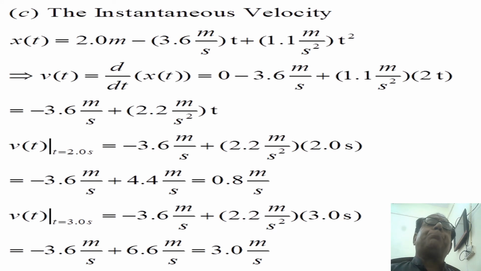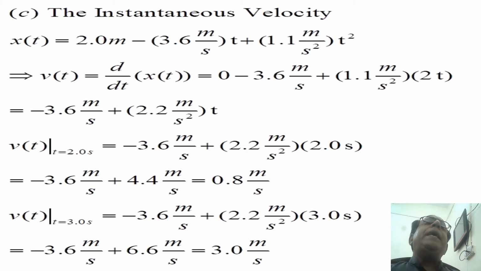Part C is about the instantaneous velocity. The given equation is x(t) equal to 2.0 meter minus 3.6 meter per second into t plus 1.1 meter per second square into t square. Dear students, we know that velocity means the first derivative of position, while acceleration means the second derivative of position.